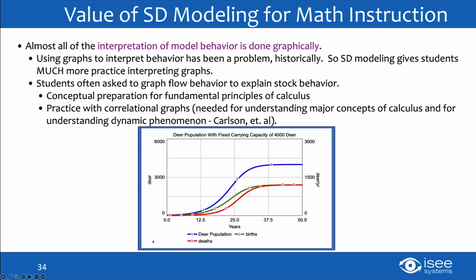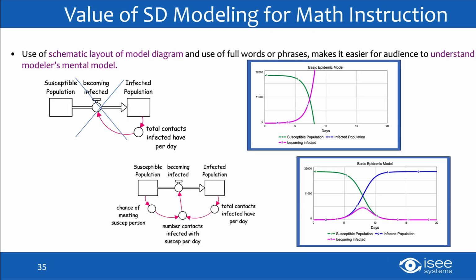The fact that almost all of the interpretations of model behavior is done graphically gives math students much needed extra practice analyzing graphs. Also, since the flow graphs are often analyzed to explain the behavior of stock graphs, this correlation analysis is a very important skill for understanding core concepts in calculus.